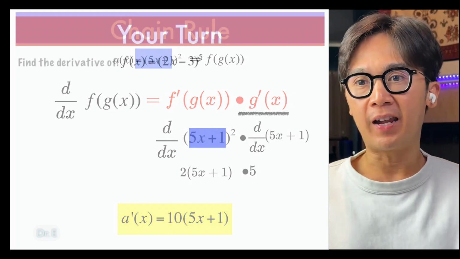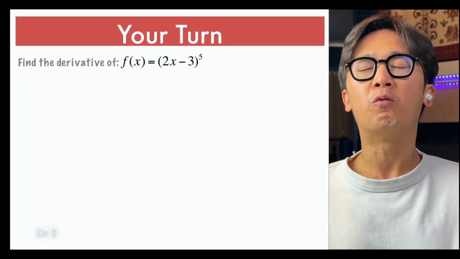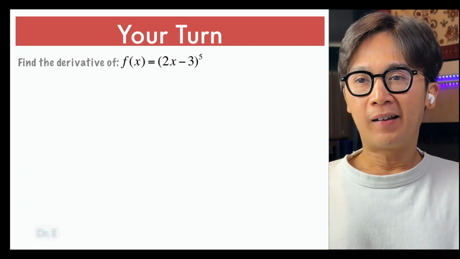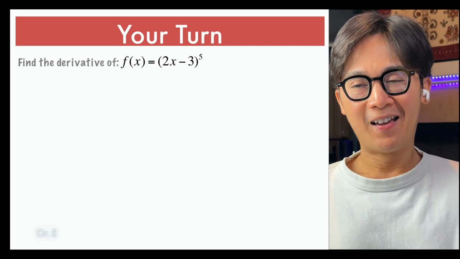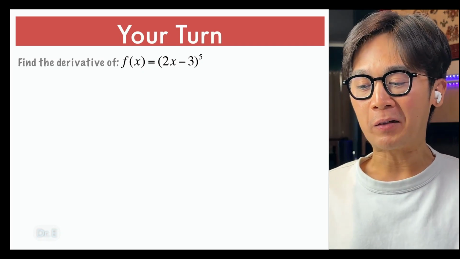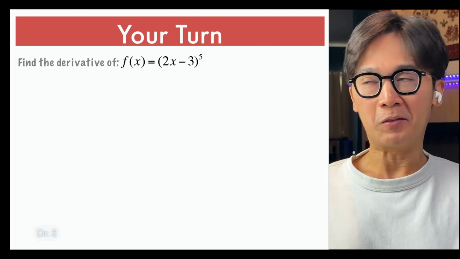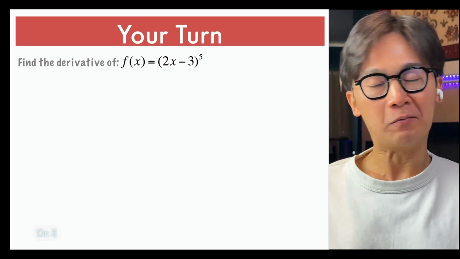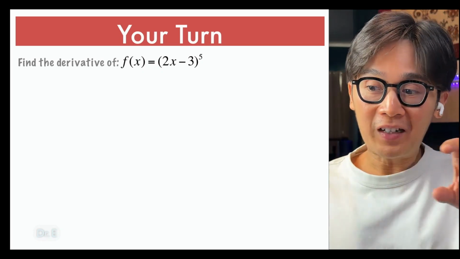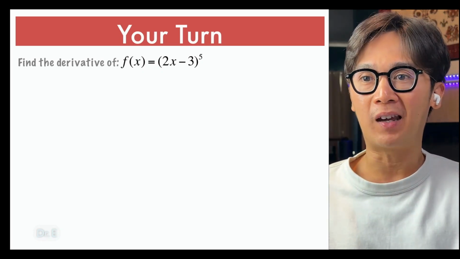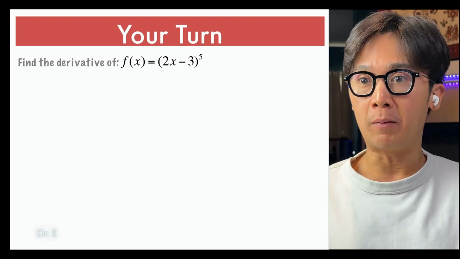But what if, let's say, we have 2x minus 3 quantity raised to the 5th power? We know that we can expand this, right? Yeah, we can expand this for sure. So we can just simply multiply 2x minus 3 times 2x minus 3 times 2x minus 3 times 2x minus 3 times 2x minus 3, then perform the distributive property, and then we're going to have a polynomial of 5th degree, and use the power rule on each term.